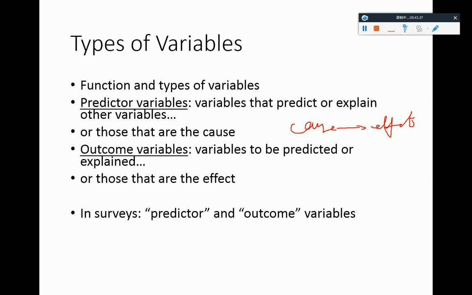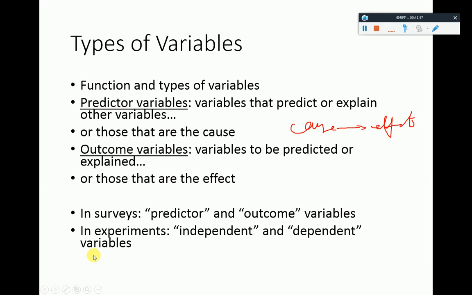It turns out that when you are conducting a survey study, you will usually use words like predictor and outcome variables, but in experiments, you will call predictor variables independent variables, and outcome variables dependent variables, for reasons that we'll discuss later.